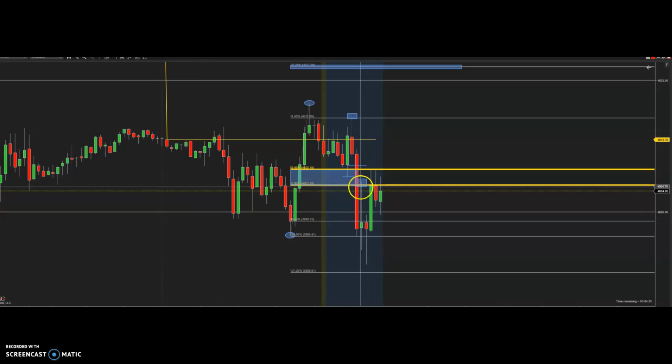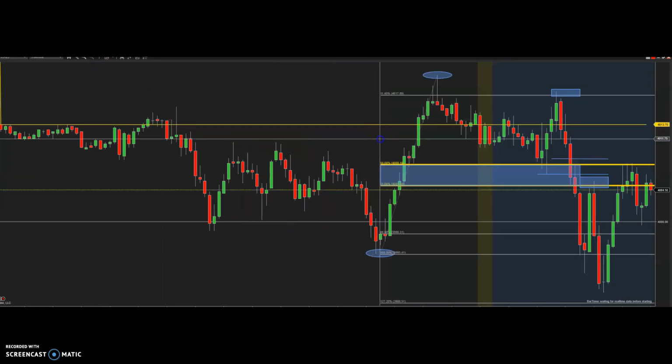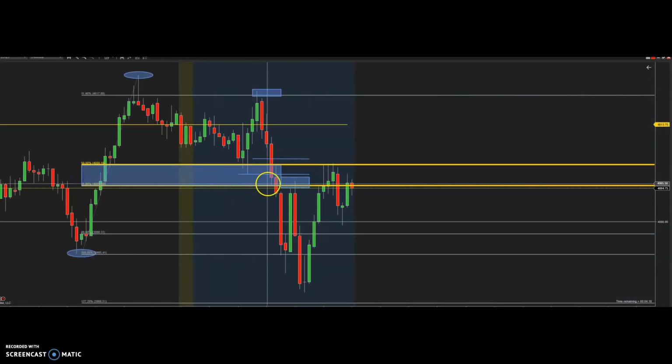So at this moment, when she came back and retapped the zone and failed to get back above it, that's when you want to drop down to your smaller time frame and look for an entry off of this area.